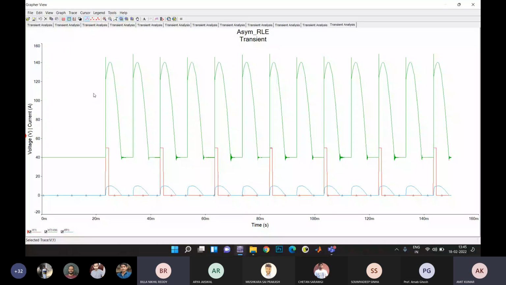Sir, this is the result for RLE load, for 60 degree firing angle.